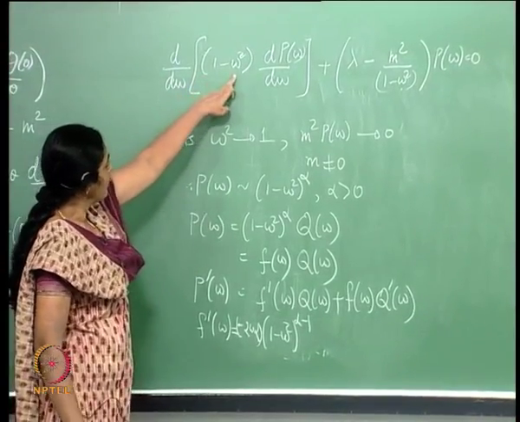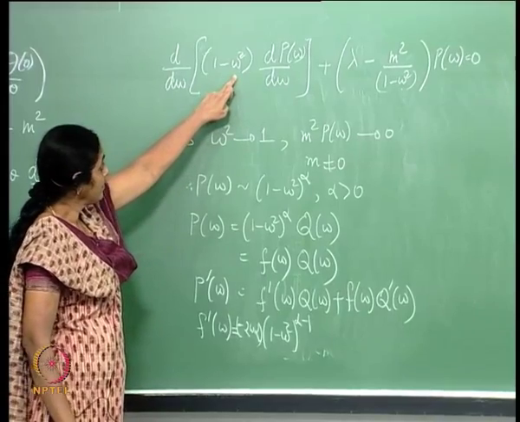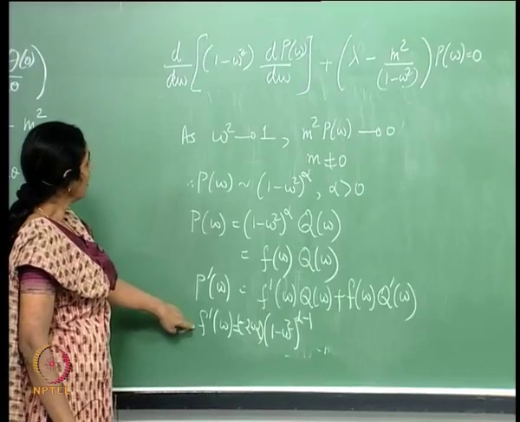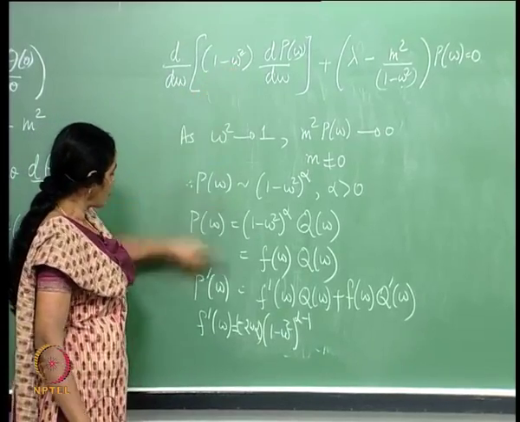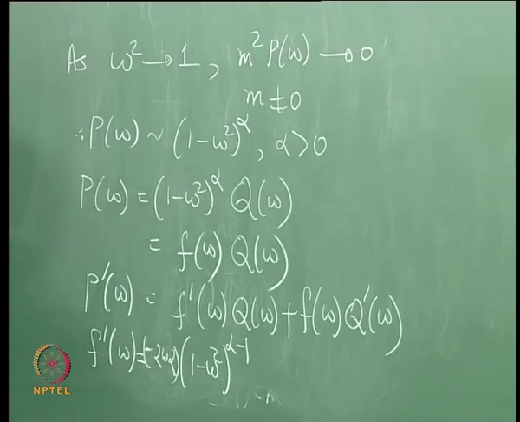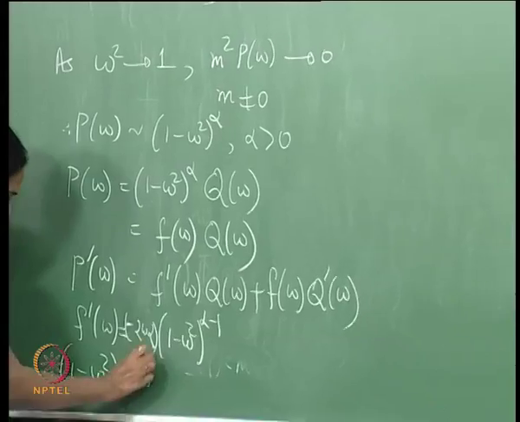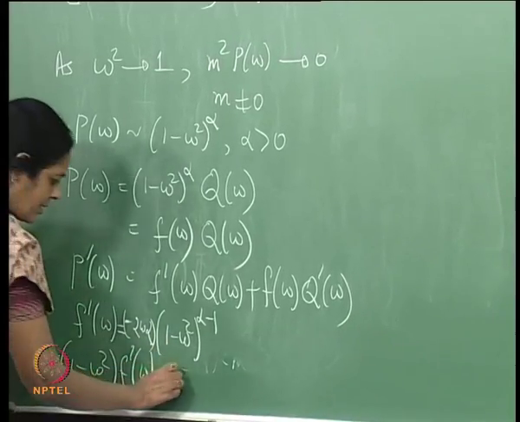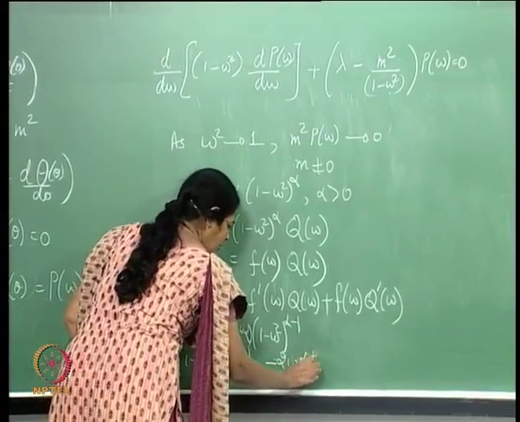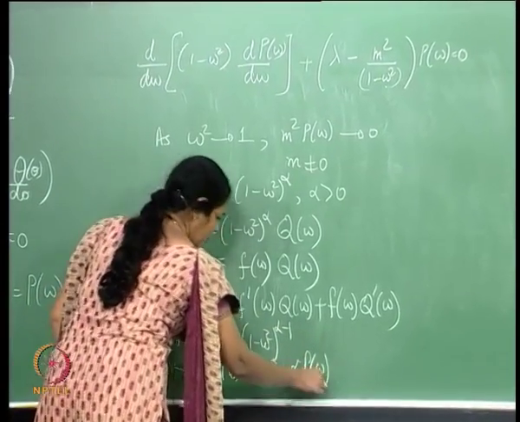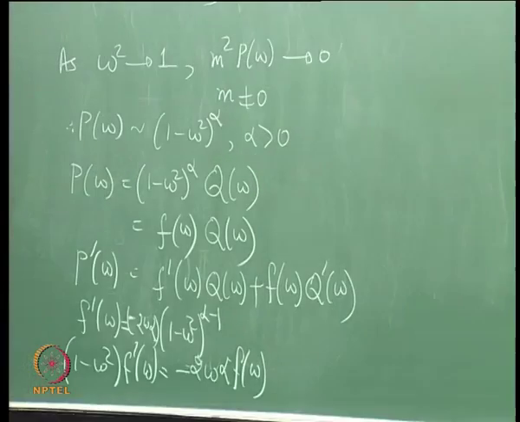So when I multiply with 1 − w², as is expected here, I get a term (1 − w²) f prime of w. So let's see what that gives us. (1 − w²) f prime of w is −2wα (1 − w²)^α, which is f of w. So that's what I have.